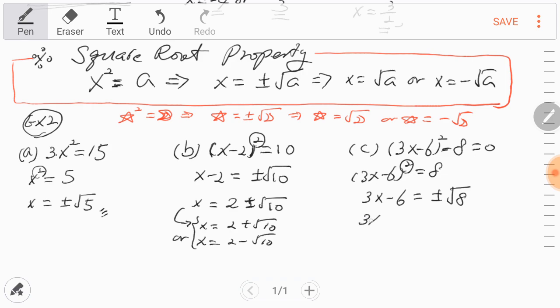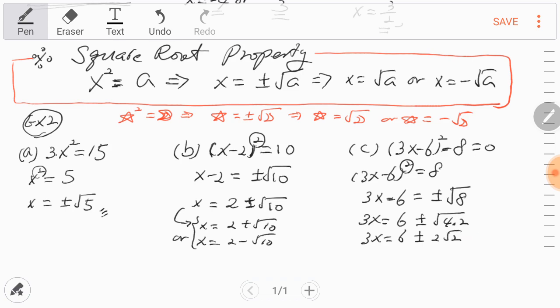Then 3x is equal to, you can move minus 6 to the other side, then 3x is equal to 6 plus or minus square root of 8. Square root of 8 is 4 times 2. Let me write more. 4 times 2. Then square root of 4 is what? 2, right? So 2 square root of 2.